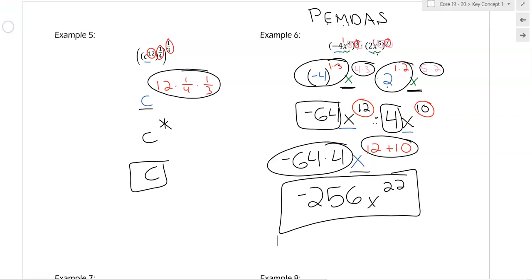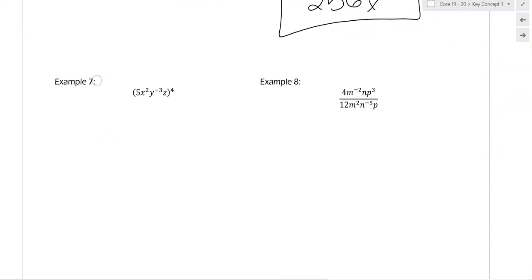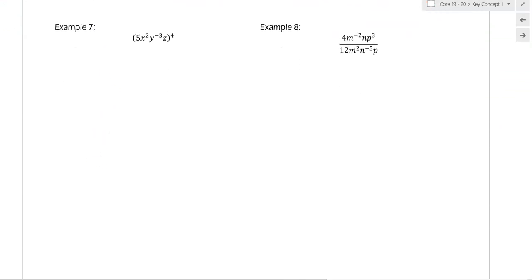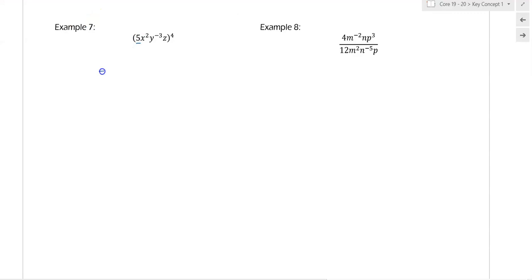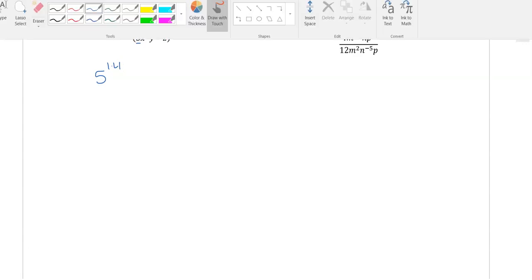All right, looking at example 7. This is a power problem, right? We just have lots of bases. So our first base is this 5, and it has 1 and 4. So 5 to the 1 times 4.